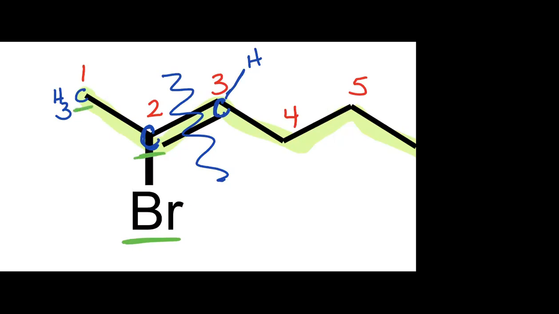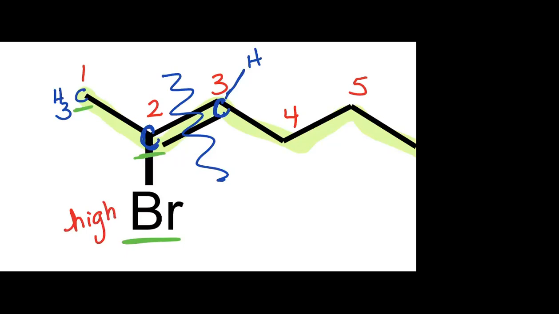Let me ask you a question. Which one has a higher atomic number, bromine or carbon? Look at the periodic table. Who has a higher atomic number? Thank you, Dominique. Bromine. So how are we going to label bromine? We are going to label it as high atomic number or high priority group.